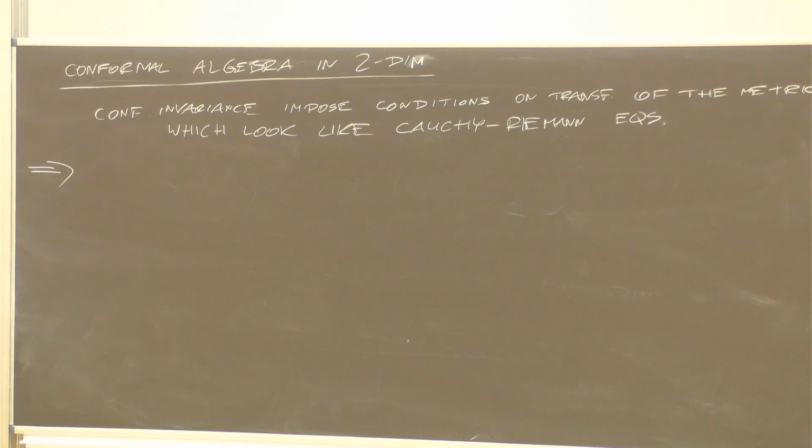So then it follows that in 2D, in fact, conformal transformations coincide or can be identified with all holomorphic or analytic transformations.